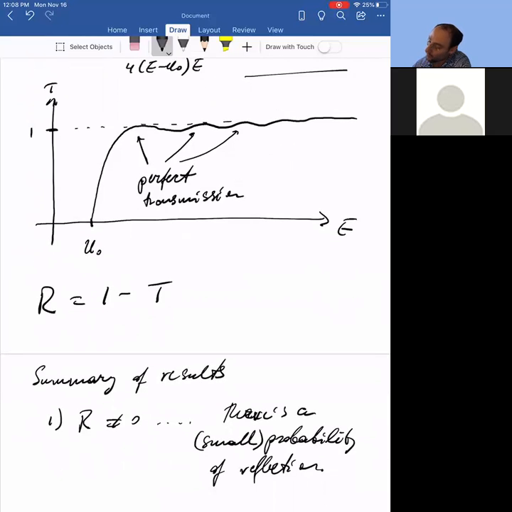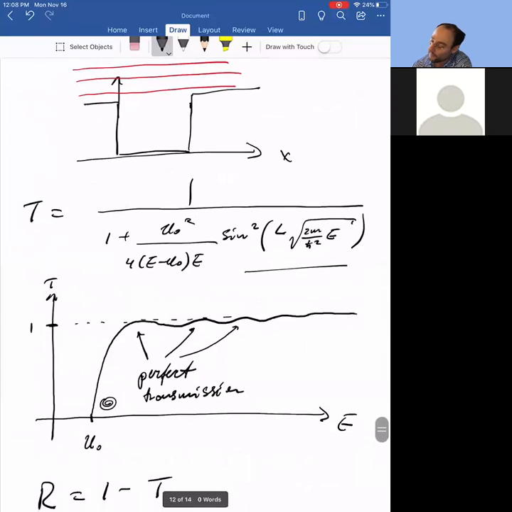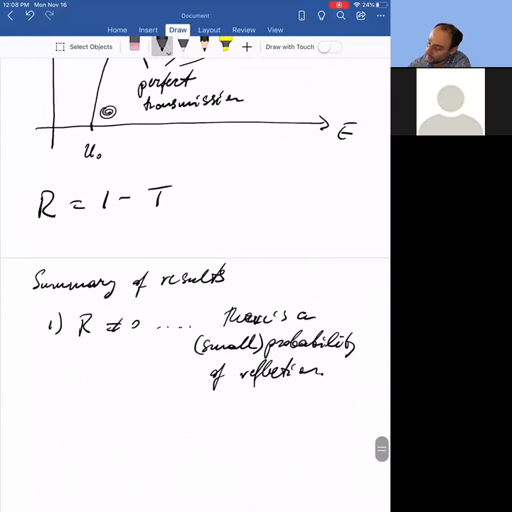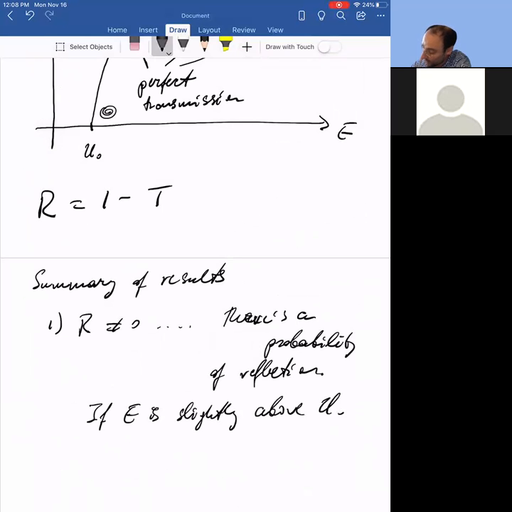well, it's not small here, right? So if energy is slightly above, actually, let me remove the word small, because there is a probability of reflection if energy is slightly above U naught.